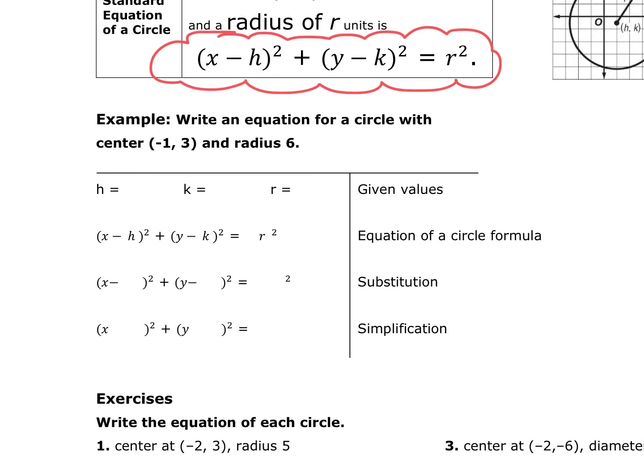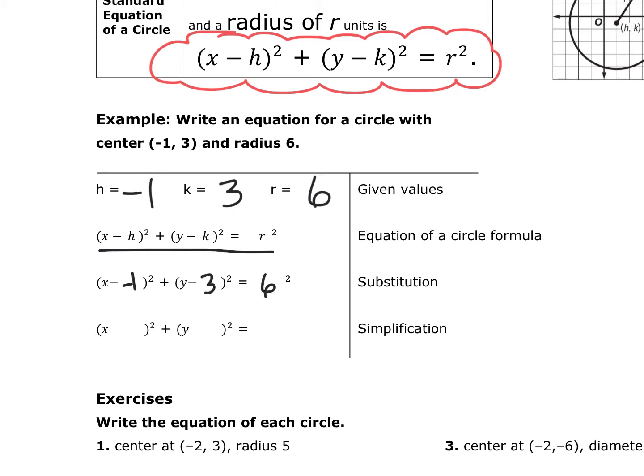Write an equation for a circle with center (−1, 3) and radius 6. So our h is −1, our k is 3, and the radius is 6. So here's our circle formula, and we're going to substitute in our −1 and our 3 and our 6.